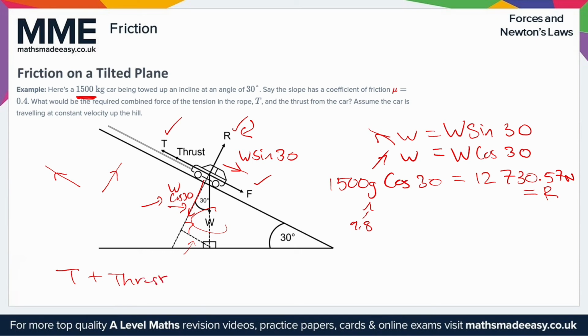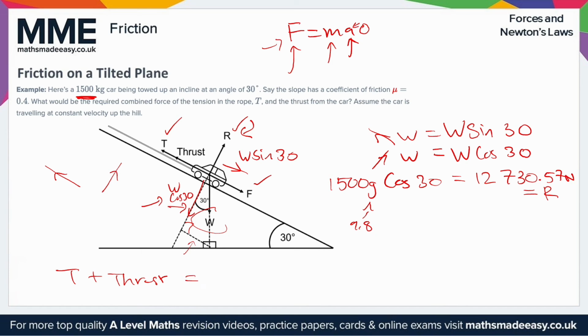There's the tension pulling it up, the thrust from the car, and it's moving at a constant velocity, so that means it's not accelerating. So the resultant force must be zero, because F equals ma. If it's accelerating, the mass is always greater than zero, so this will be greater than zero. But because we know that it's not accelerating, then this must be zero.